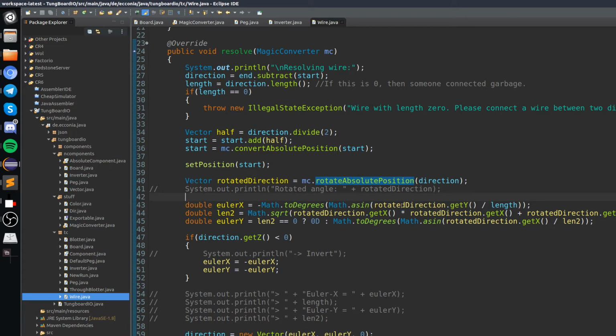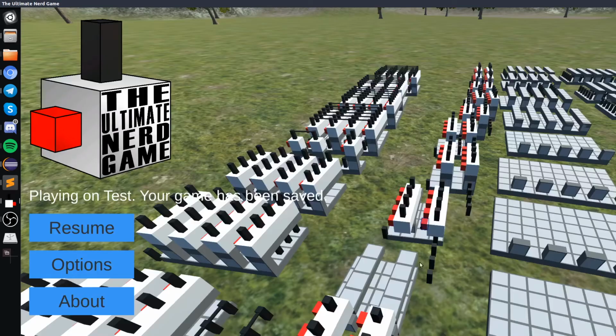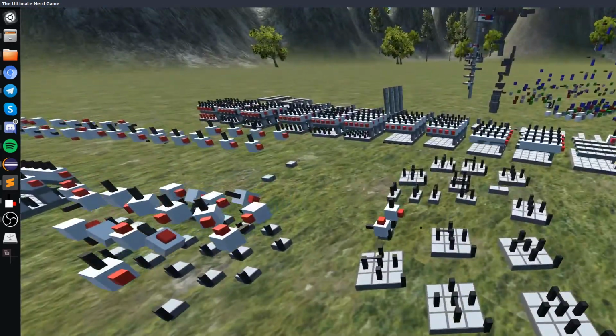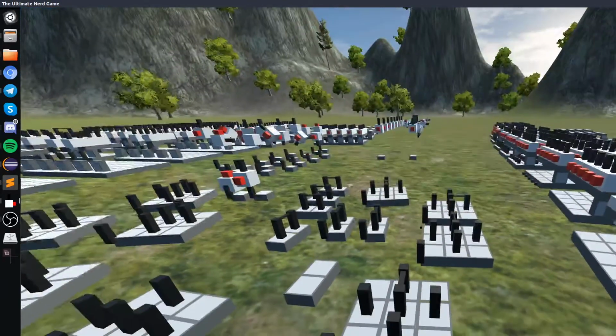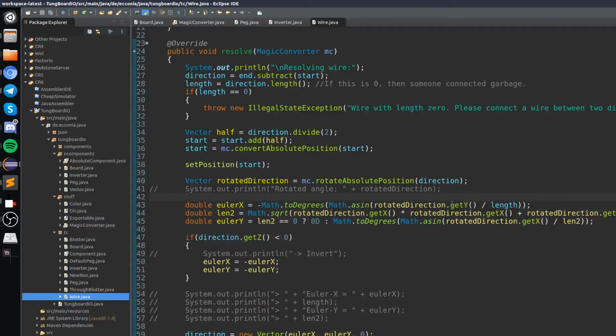That's quite easy. I said, hey, give me the arcus sinus, and give me the hypotenuse, the length of the wire, and the Y difference of how high the wire is from the center of it. I knew that the default wire direction is in the positive Z direction. That means no Y level at all.